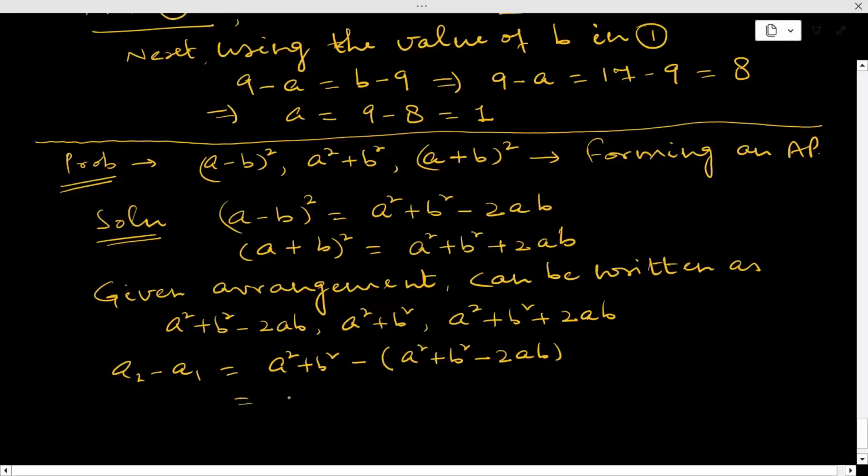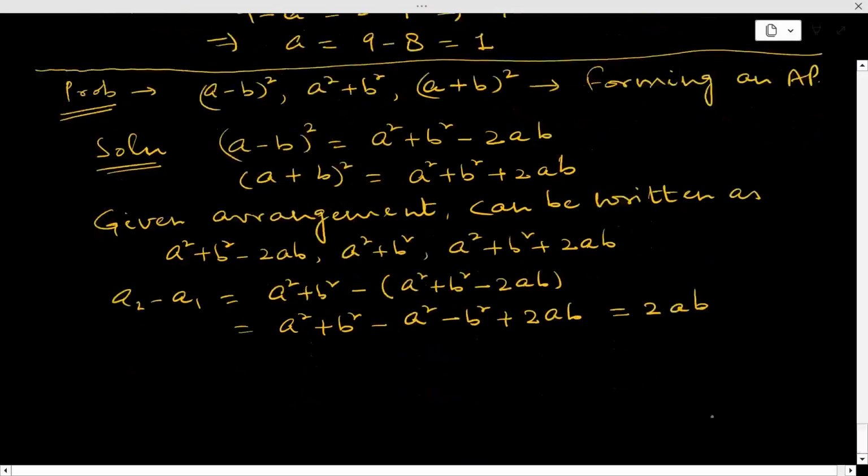So from here you will obtain this as a square plus b square minus a square minus b square, and this minus will convert to plus, so we have plus 2ab. So you can see that we are left with this difference as 2ab.